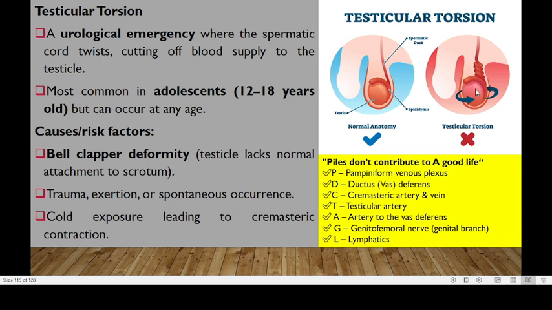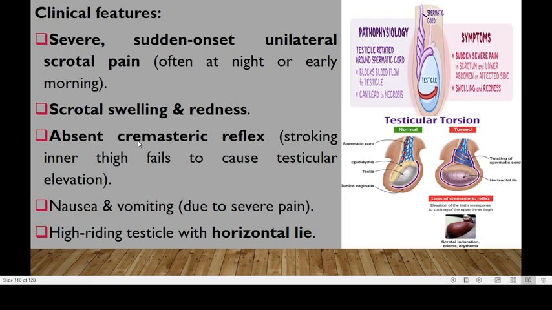Testicular torsion. Look at the arrangement of the testicles, right? The arrangement of the testicle is different, and that's what is normally referred to as bell clapper deformity. I also demonstrate it in this slide. Also, you'll be able to see it. Notice on our diagram, normal testicles and the abnormal, right?